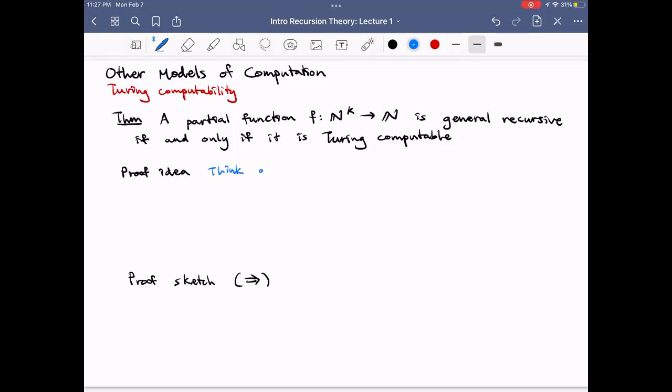You want to think of general recursive functions and Turing machines as two very weird programming languages.